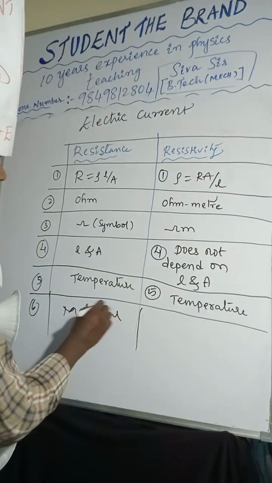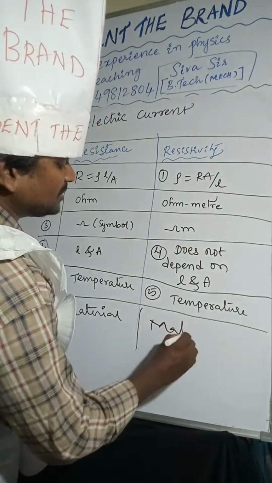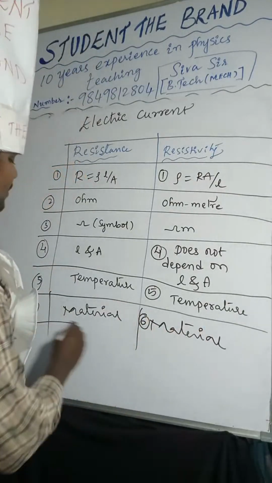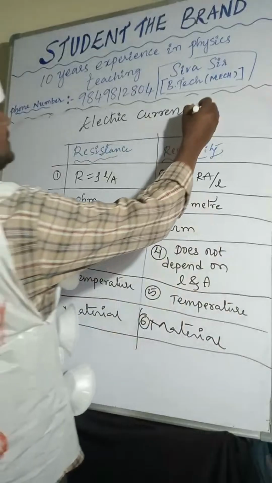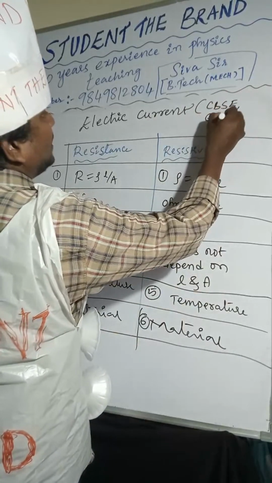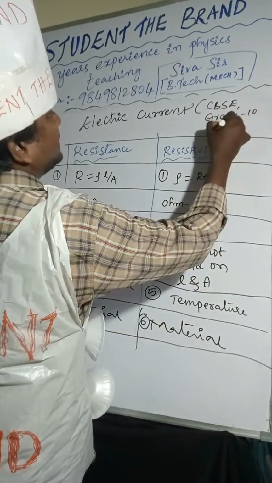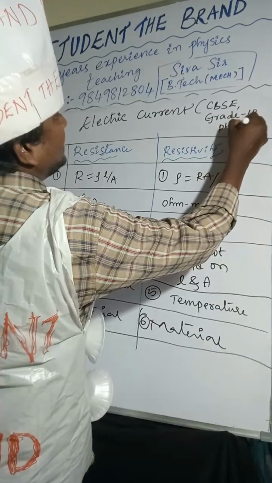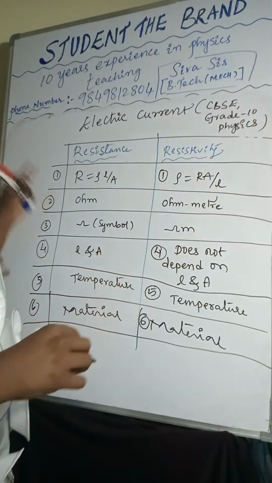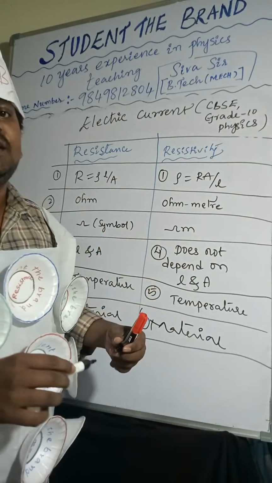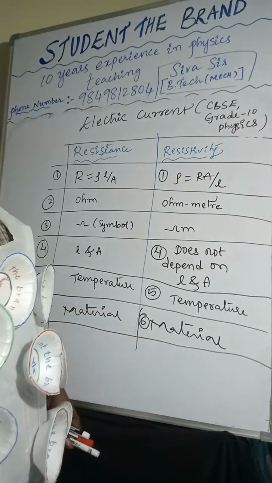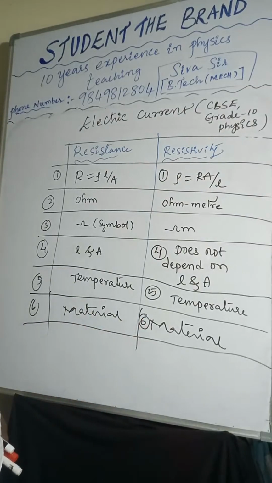Very important. A 3 marks question will come for the exam. CBSE grade 10 physics, even state and ICSE, is a very important chapter. Resistance, a 3 marks question, will definitely come in the board exam.